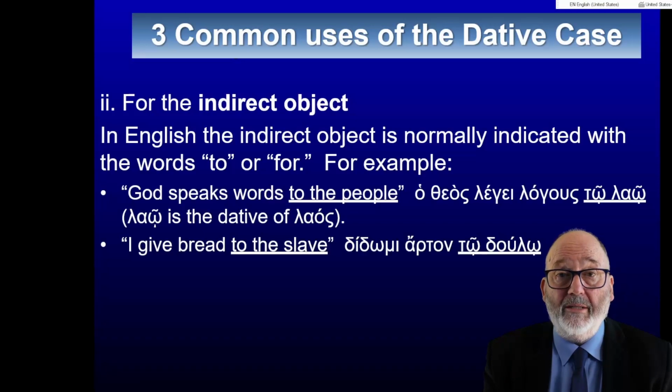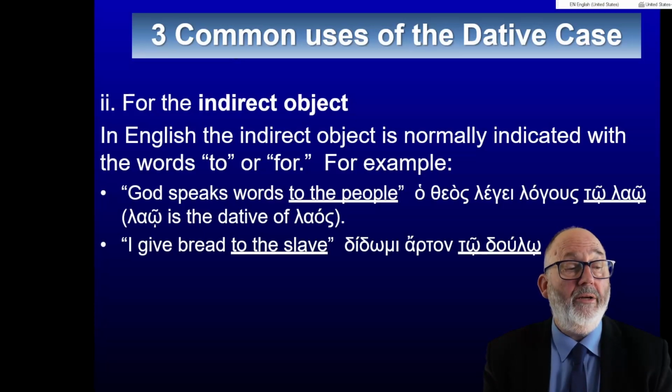So in the first sentence, ho theos, God, legei, speaks, logous, to leo. Notice the iota subscript, which is the clue that it's a dative case for the second declension noun, leos. So the dative case indicates that to leo is the indirect object.